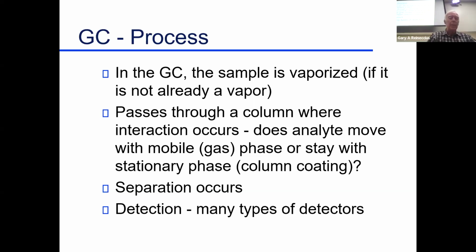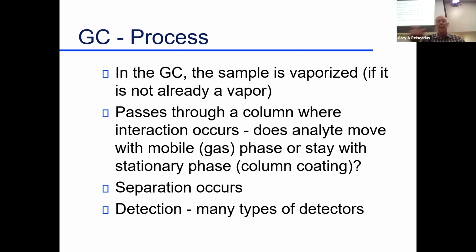So what we typically do is, if the sample happens to be liquid or solid and it will vaporize on heating, we simply inject material into the hot inlet of a gas chromatograph, and poof, it becomes a vapor that then gets separated. If it is a vapor, obviously you just take a syringe and squeeze it in. If it's not a vapor, it gets vaporized in the injection port of the column.